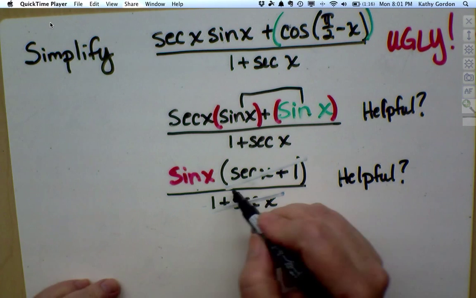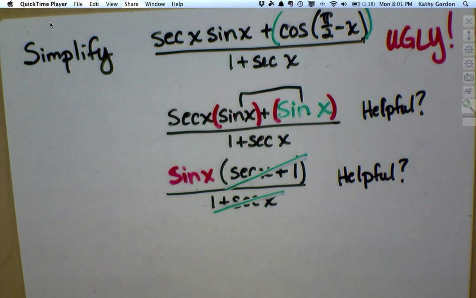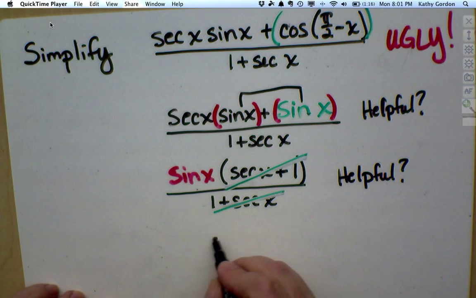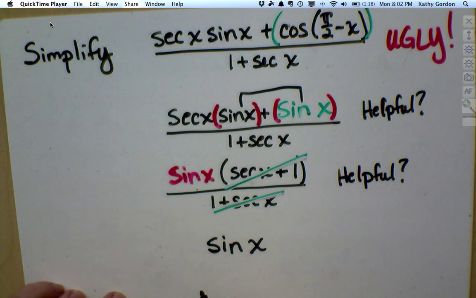My blue's not working very well. Let me try green here. Okay, and so what are we left with? Sine x. Doesn't get much simpler than a single trig function.